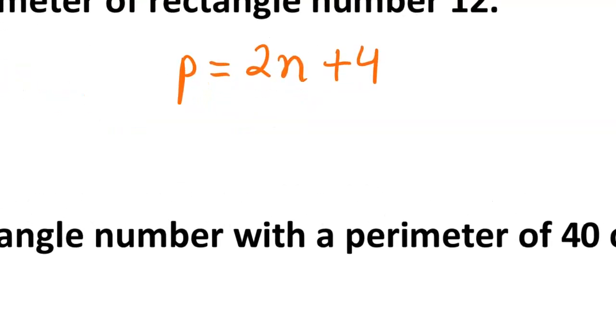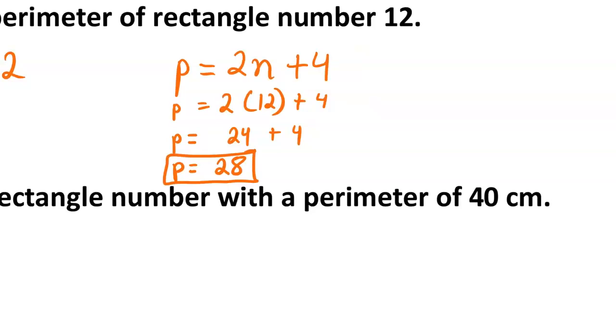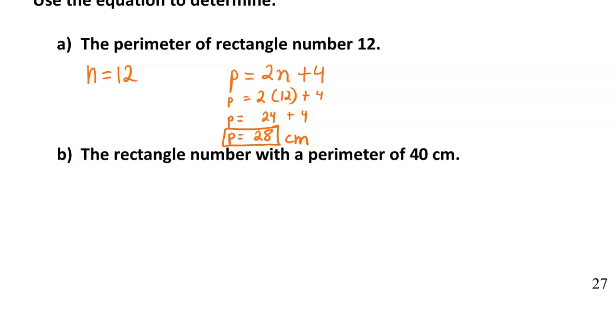For the n, we input a 12 for the figure number. P equals 2 times 12 is 24 plus 4. P equals 24 plus 4, makes 28. So that is our perimeter for a rectangle number of 12. Don't forget, our unit is centimeters.